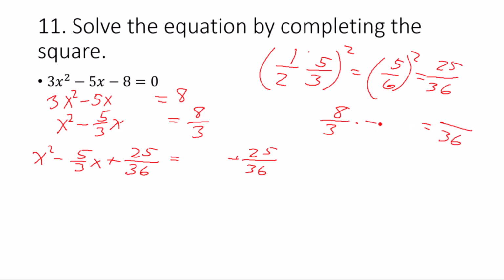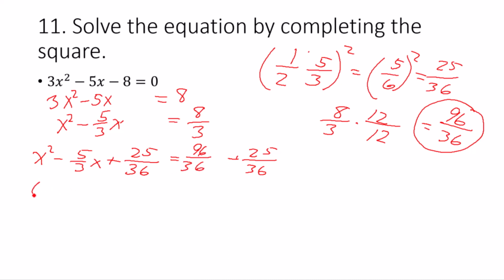Well, we're going to have to multiply the denominator by 12 to get that 36. So 12 also goes up there. So 3 times 12 is 36. 8 times 12 is 96. And there's the missing number. So the 8/3 can be written as 96/36.